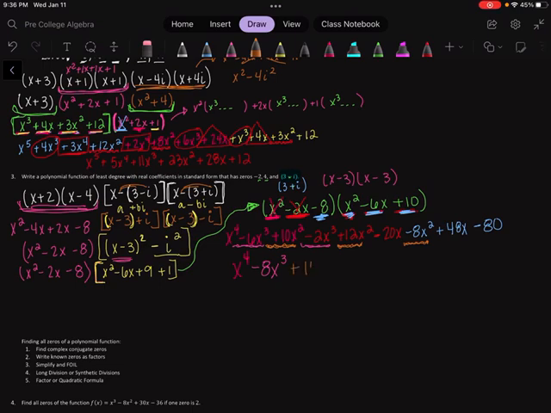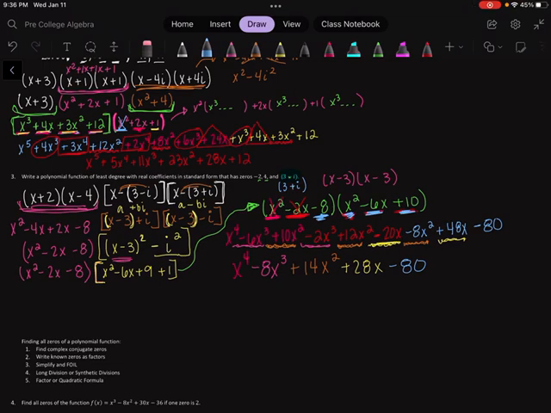Positive 14x squared. And then the x's. So this guy and this guy. Negative 20x plus 48x is positive 28x. And then just tag along that constant on the end of negative 80.